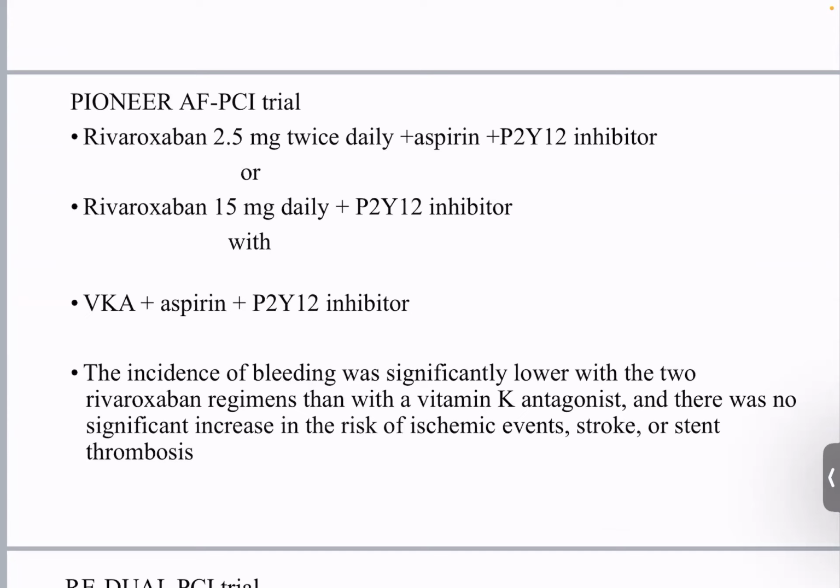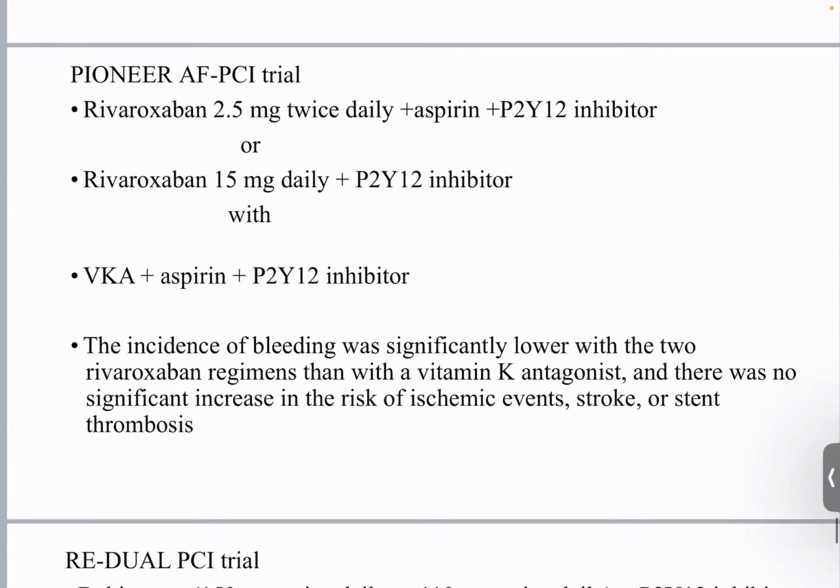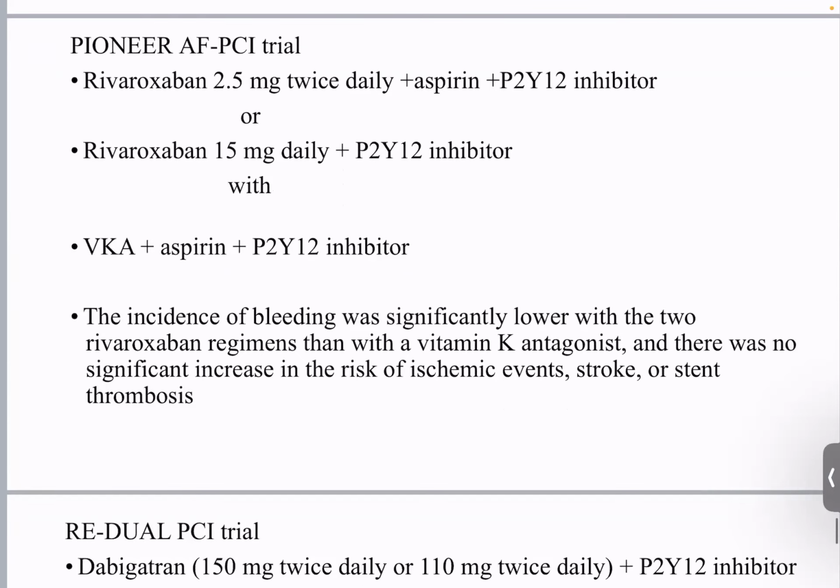In addition, is the addition of an anticoagulant agent, either rivaroxaban, apixaban, or dabigatran, or vitamin K antagonist, does this satisfy the risk of stroke reduction while not increasing the risk of hemorrhage? That was the trial. So in all these trials, addition of NOACs had better outcomes.